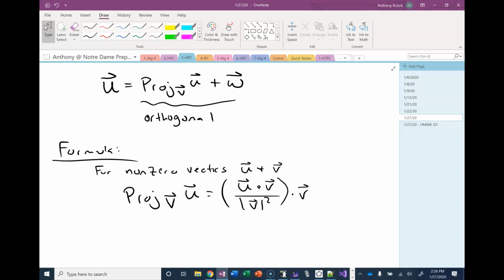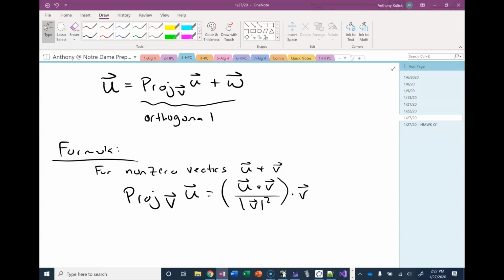I'm sorry, can you say that again? In the beginning of the formula, is that like the projection of u times u? So that's the projection of vector u onto v. The subscript is what vector you're projecting onto, and the regular inline script is the vector that you're projecting.